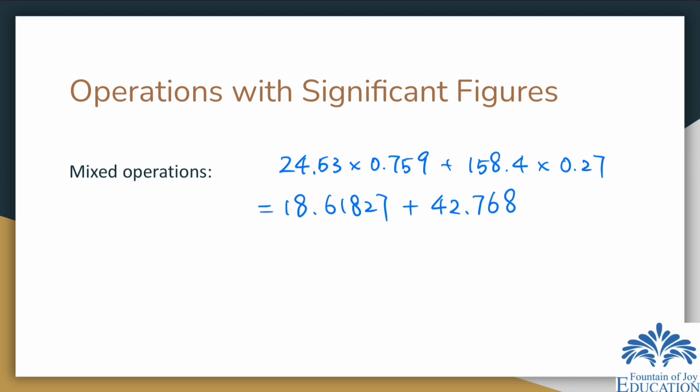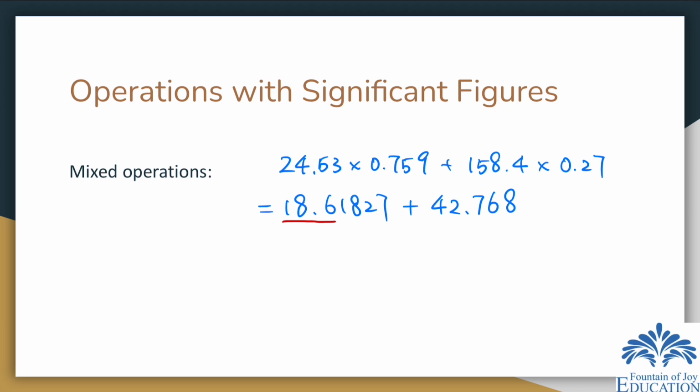It is worth noting that at this step, it is important not to round your answer to the correct number of sig figs, but to keep track of the number of sig figs in each of the answers. So in the first multiplication, 0.759 has only 3 sig figs. Therefore, our answer should have only 3 significant figures.